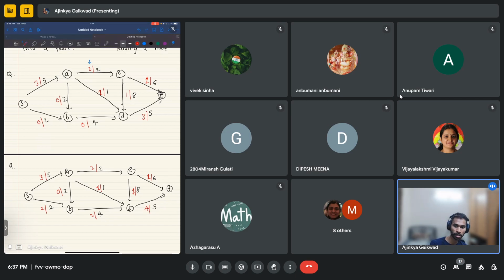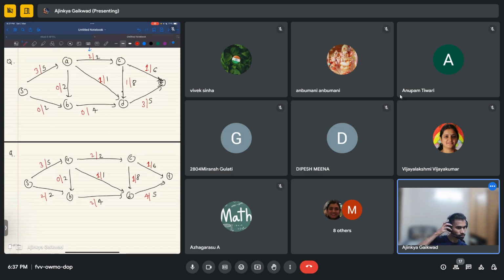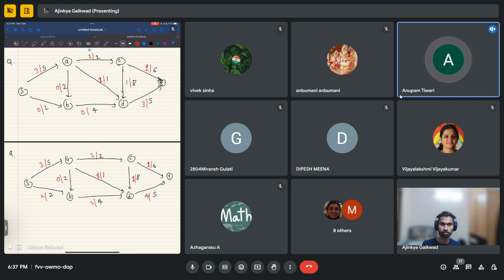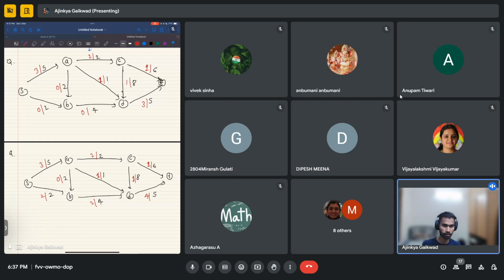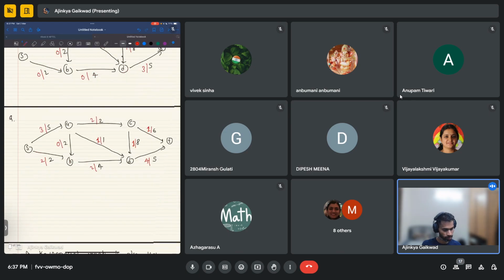Check if all the properties of flow are satisfied. If yes, then calculate the amount of flow from S to T. It is valid, sir, and S to T is 5. Okay, just a minute, let others also look at this example for a while.